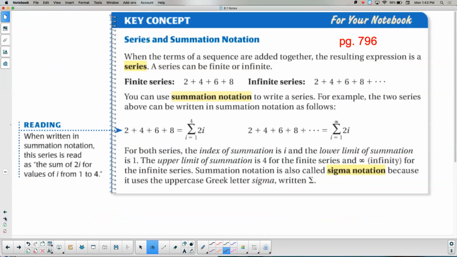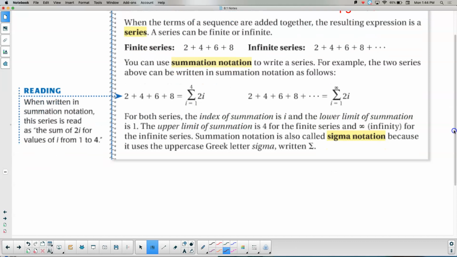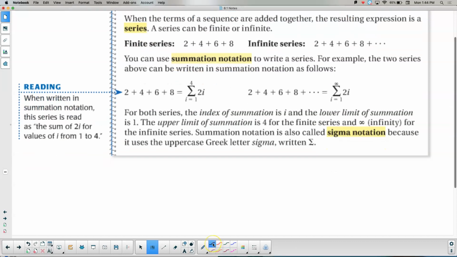Shift gears here now to series. The only difference between a sequence and a series is the sum of a sequence. If I had a sequence of 2, 4, 6, and 8, I would write it like that.